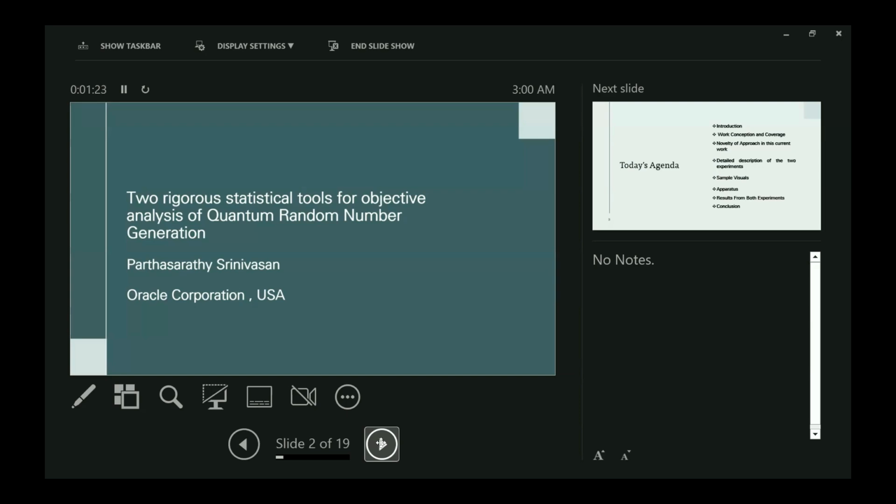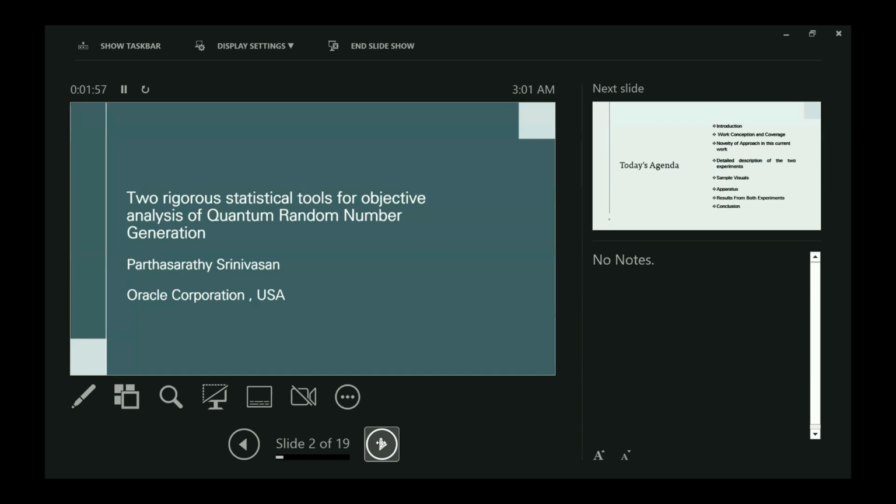And as a comparative, we had the Python library NumPy on the classical Turing machine for the classical random number generation, and we performed two experiments with this apparatus and setup to essentially understand and eventually conclude that quantum random number generation is consistently better in quality than classical random number generation.